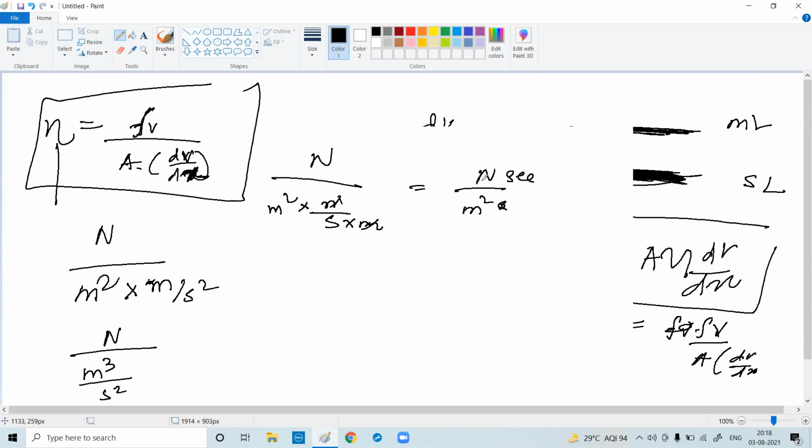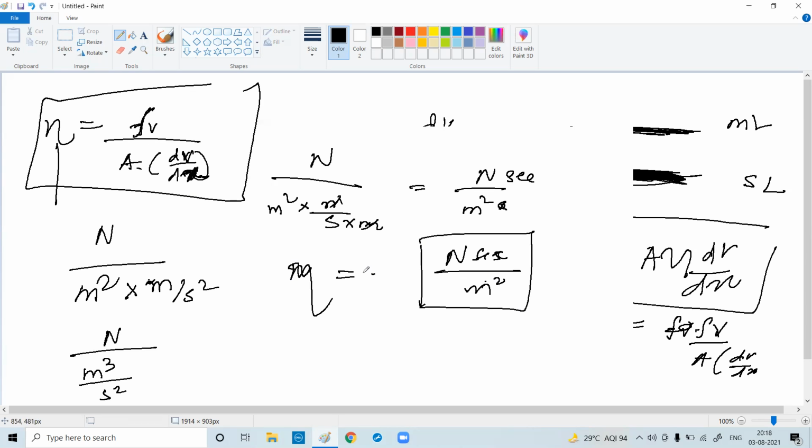Yes or no? Newton second divided by meter square. This is the SI unit of eta. Clear? Clear all of you? Swaroop, Rishabh, yes, sir. Good.